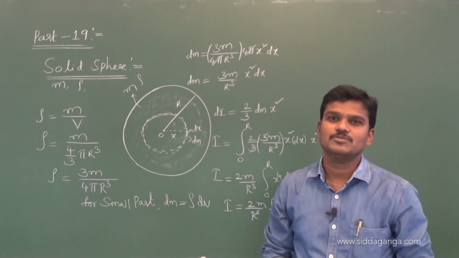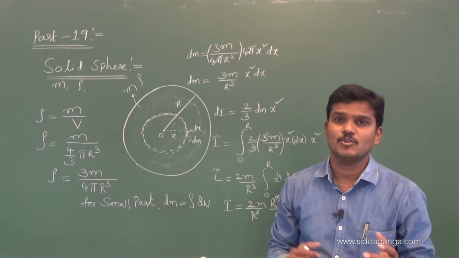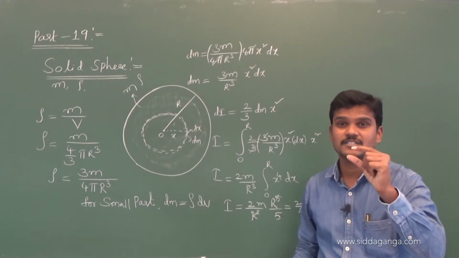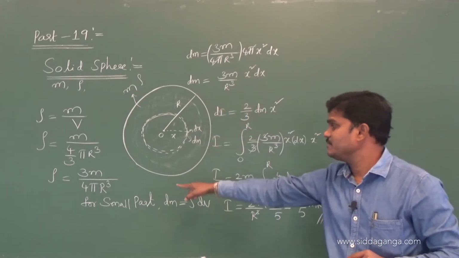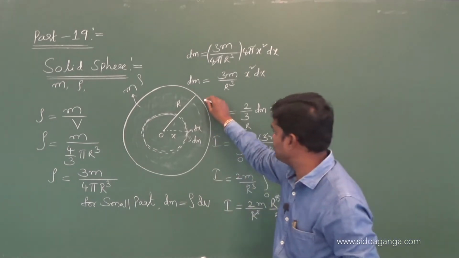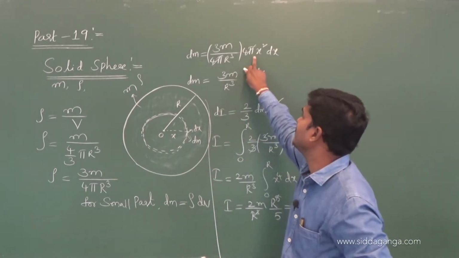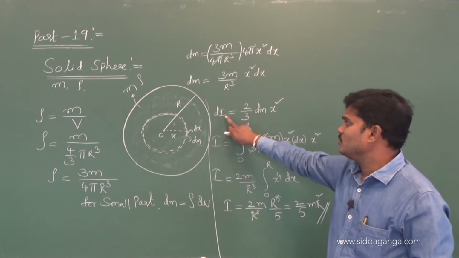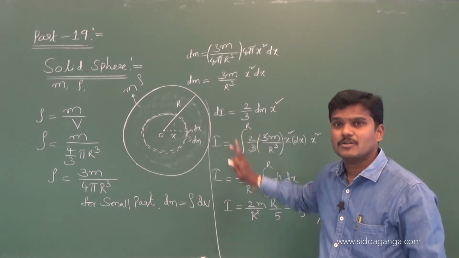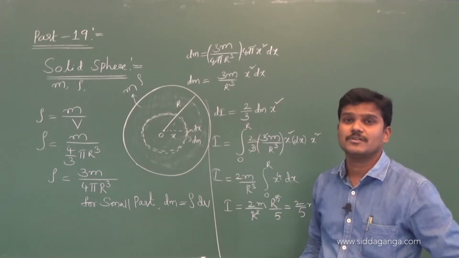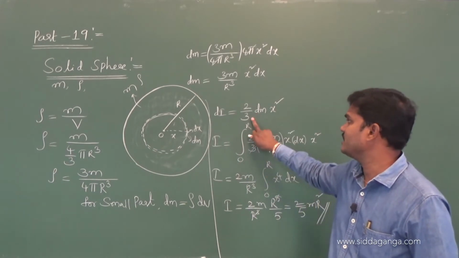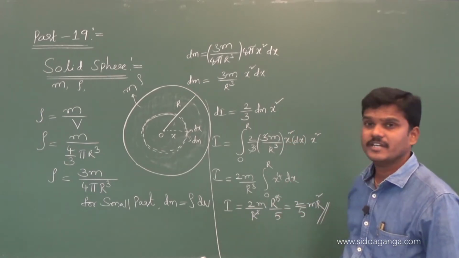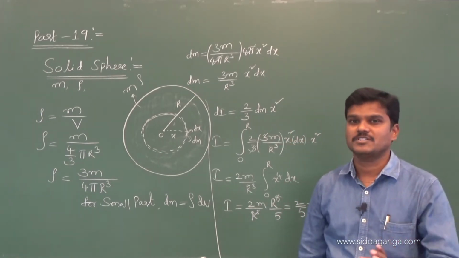I wrote dV as area times thickness and applied the integration. The moment of inertia of the shaded part, which looks like a hollow sphere, uses the formula 2 by 3 m r square, where m is dm and r is x. So finally I got 2 by 5 m r square.